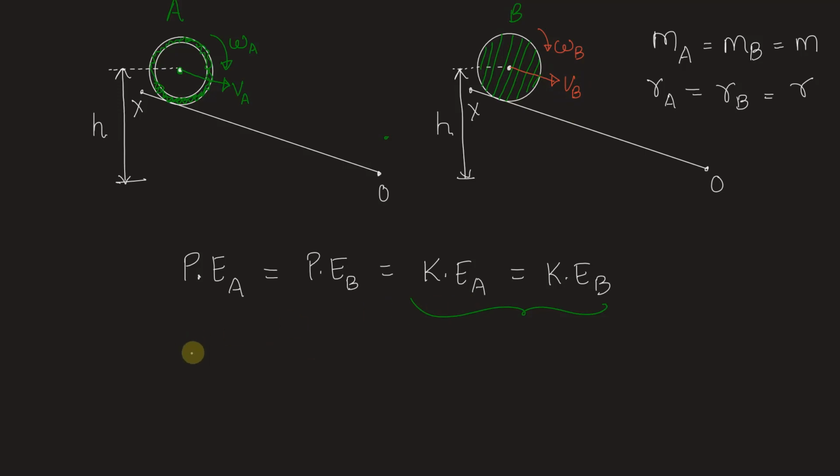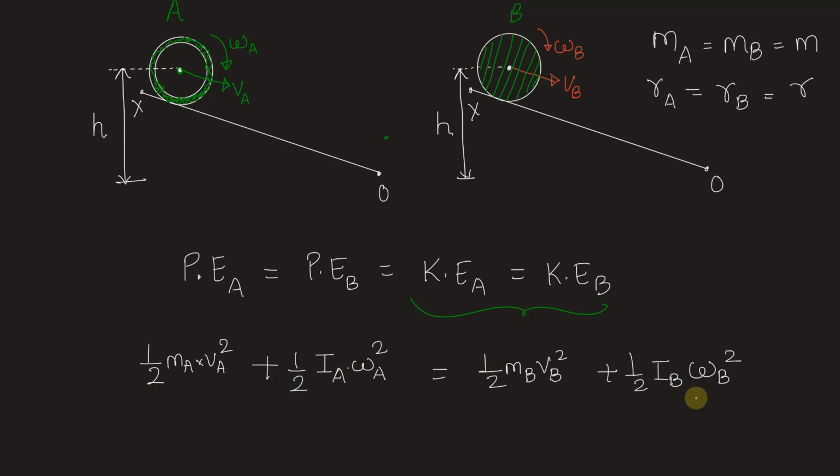We can write the kinetic energies as half mass of A into velocity of center of A square plus half of moment of inertia of disc A into angular velocity of disc A whole square. This gives us the rotational kinetic energy. This gives us the linear kinetic energy. Will be equal to rotational kinetic energy of B plus linear kinetic energy of B. Hence we can write this as the right hand side.